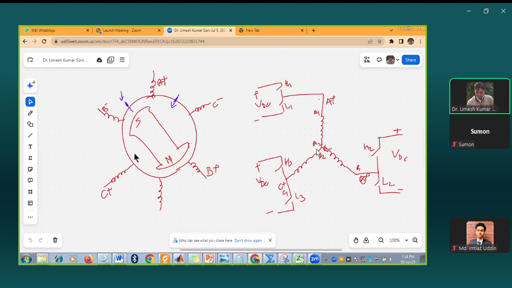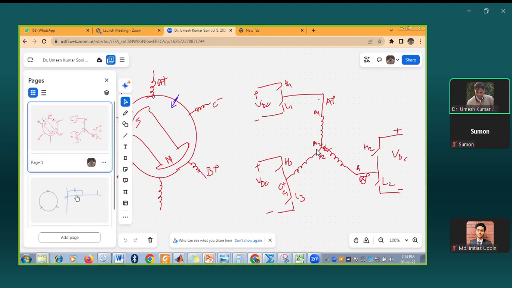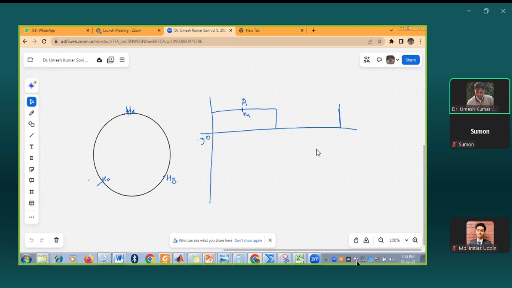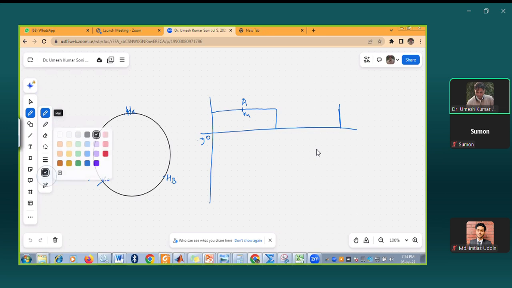So here till now it's okay. Okay, so here we have another Hall sensor signal. I will have to drag it.